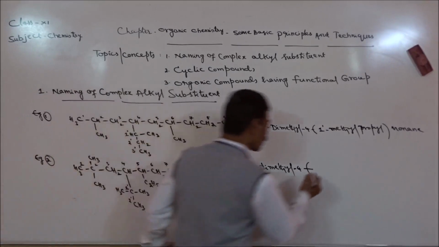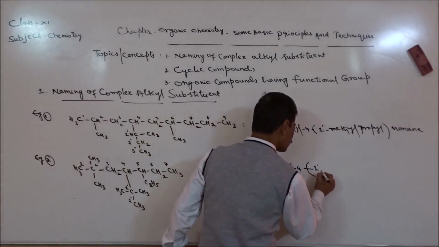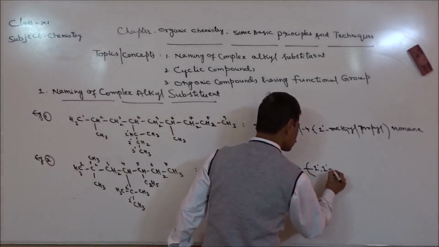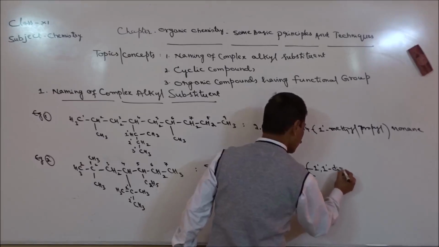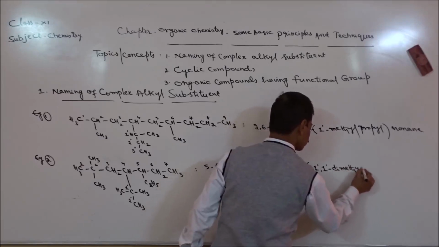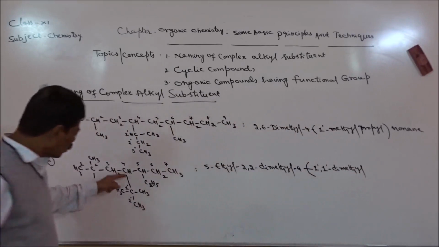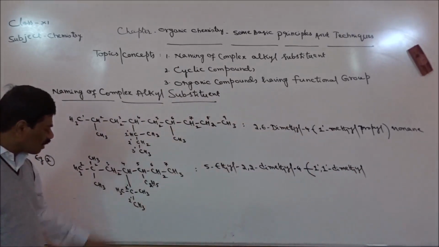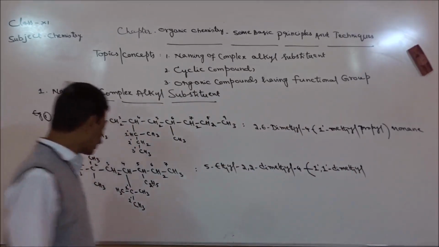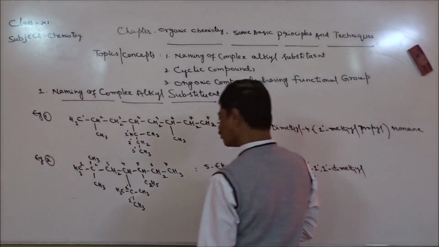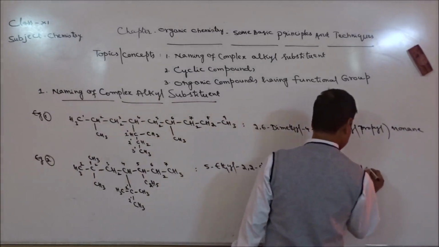So I write 1-dash dimethyl. Now this long chain has 2 carbon atoms. So I write ethyl.